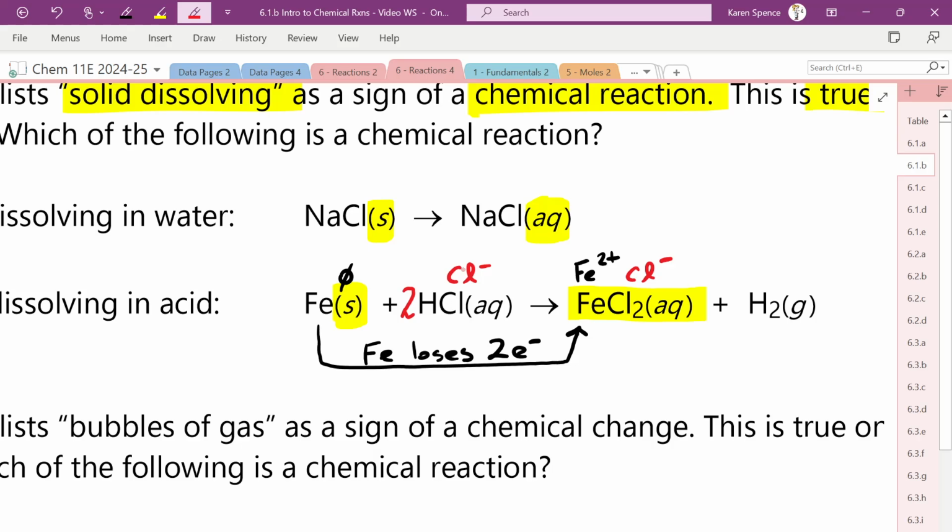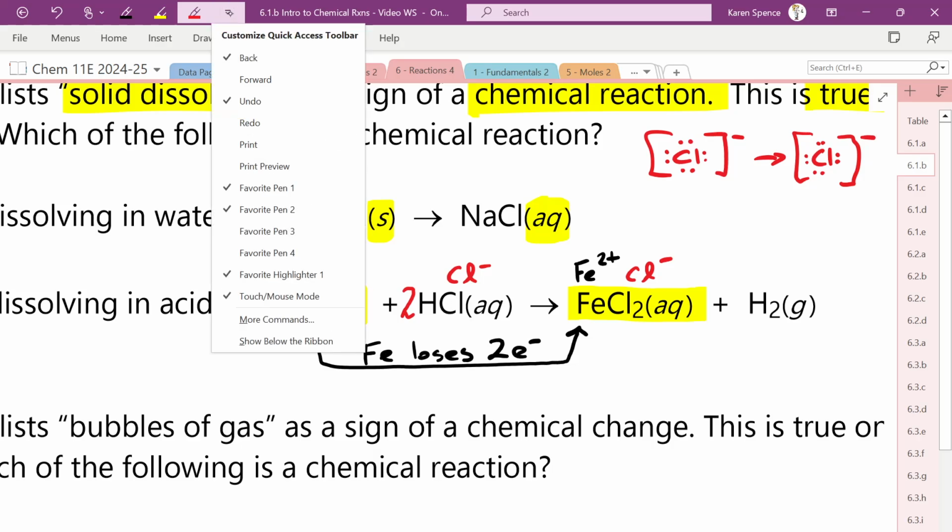Has the chloride changed the number of electrons from reactants to products? No, it goes from Cl minus to Cl minus. So we would have a Cl, which has a full valence shell, minus going to Cl minus. So nothing very exciting happening with the chloride. Who is changing?